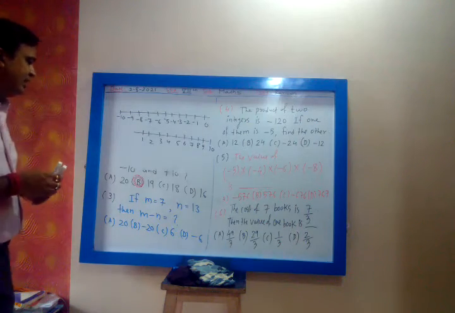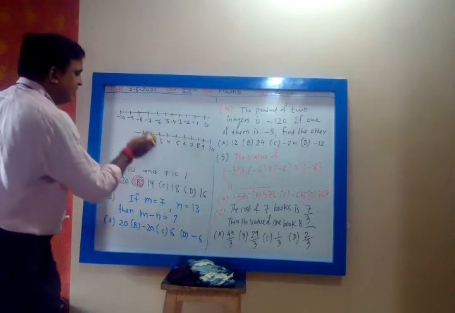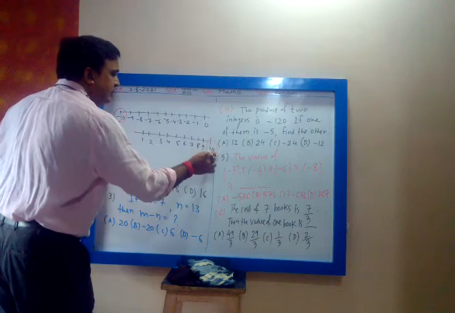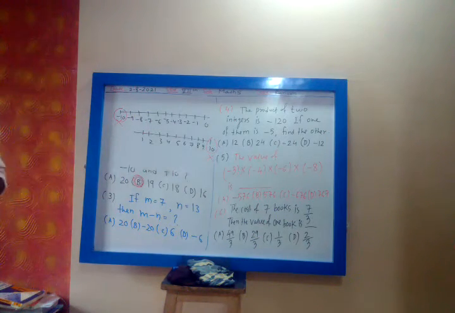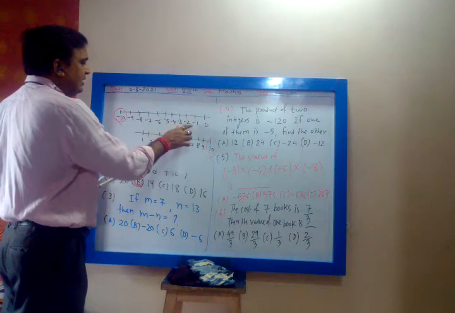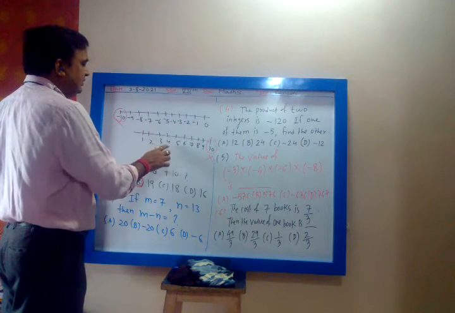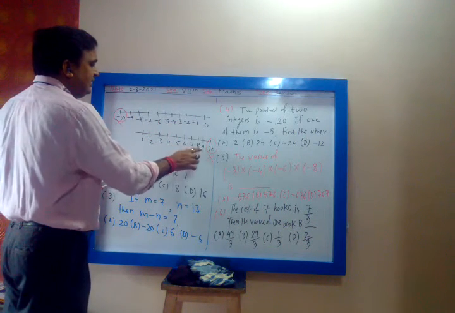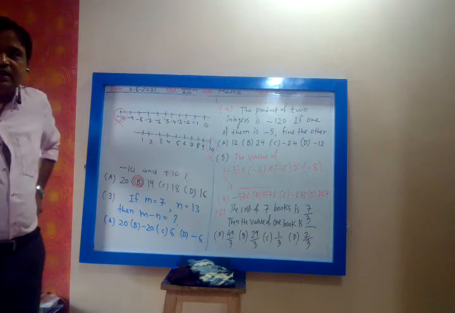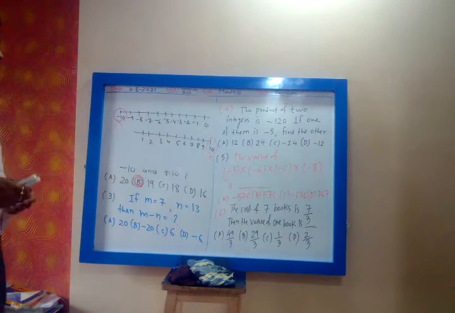Since it is between, you have to remove minus 10 and plus 10. Now count: 1, 2, 3 up to 19. So 19 is the correct option, my dear.